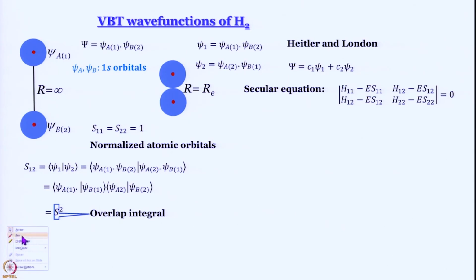Because if I just draw these 1s orbitals for you, hopefully I do not have anything here, so it is okay to draw here. Let us say this is where A is. Its 1s orbital is an exponential decay, and since we have drawn 3D plots in the past, I hope it is okay if I draw on this side also. Sorry that it has gone below.